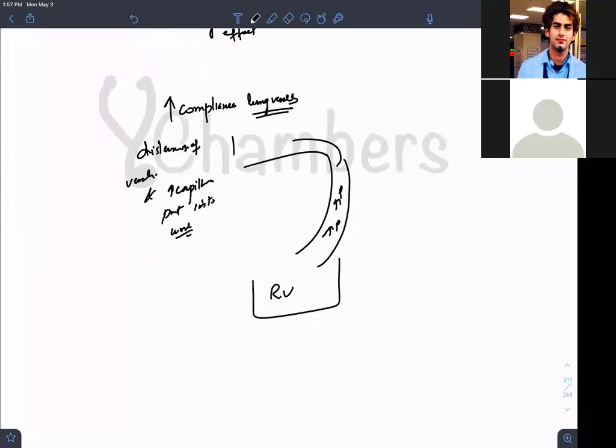That means you are sending more blood for the oxygenation, to the lungs. That means the lungs should oxygenate. What should they do? They should increase the capillary work so that more oxygen gets exchanged. That means they are sending more blood to the pulmonary vasculature, and that's why you have less resistance, because of the more compliance of the pulmonary vessels.